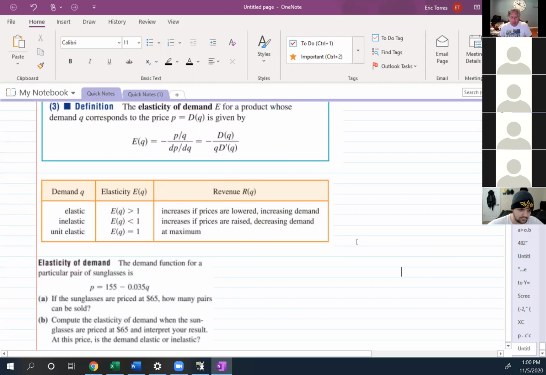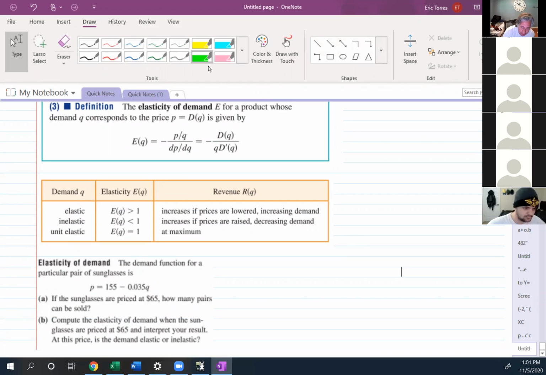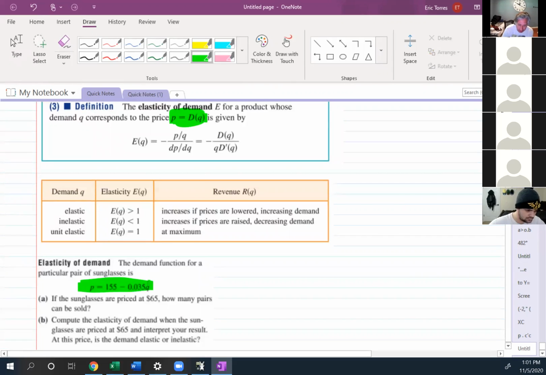So again, what's really important to recognize in this situation is that price is your demand as a function of quantity. So even though I'm writing it as just P here, it's still the demand function.